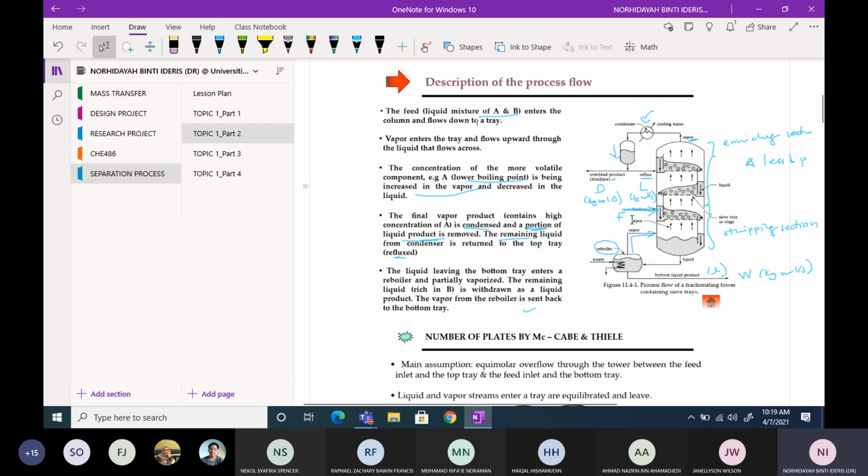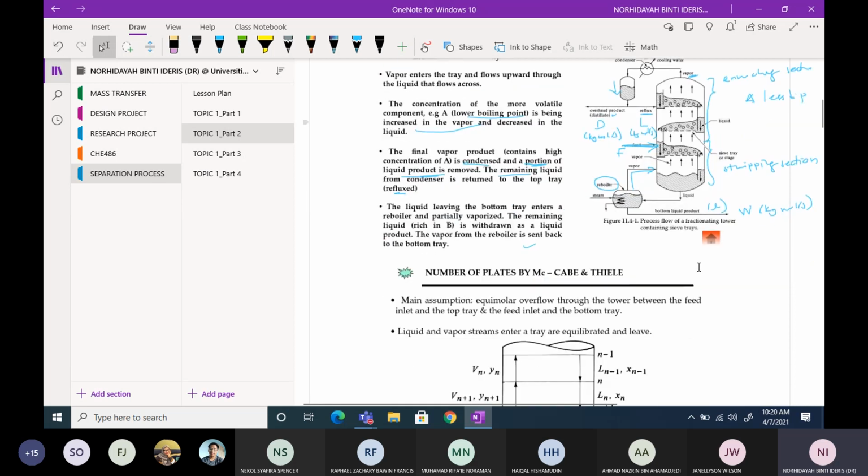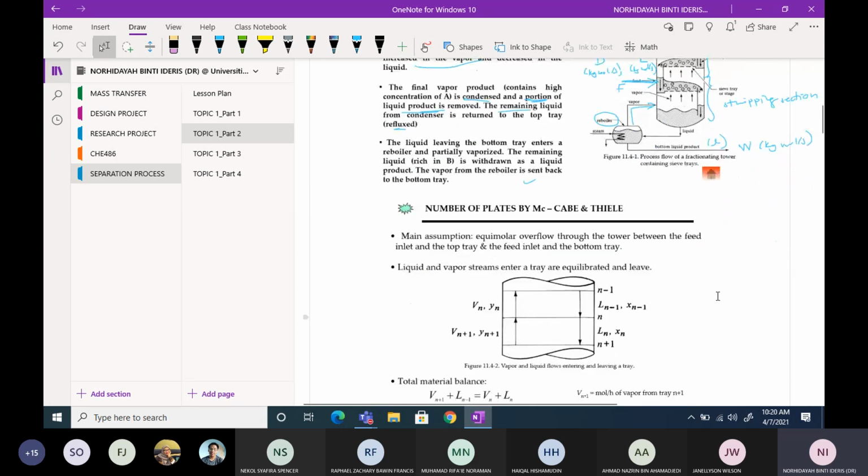For example, 0.45 mole fraction of A coming into the column, and you want the mole fraction of A going to the top to be 0.9. So if we want 0.9 mole fraction of A to go to the top and 0.1 going to the bottom, what is the number of stages required? How tall might your column need to be to achieve your desired condition?